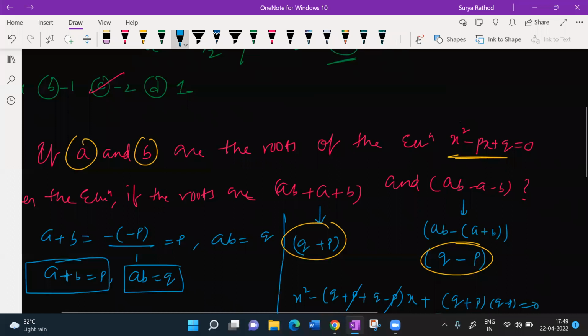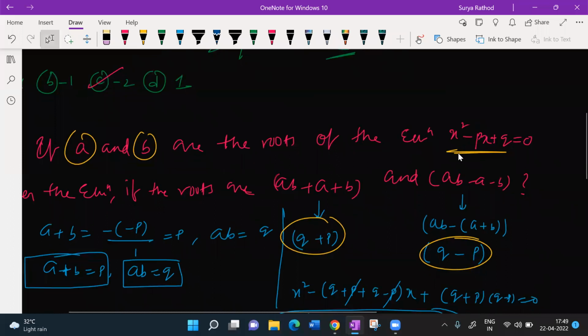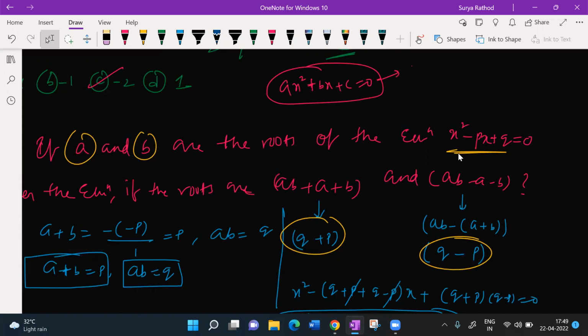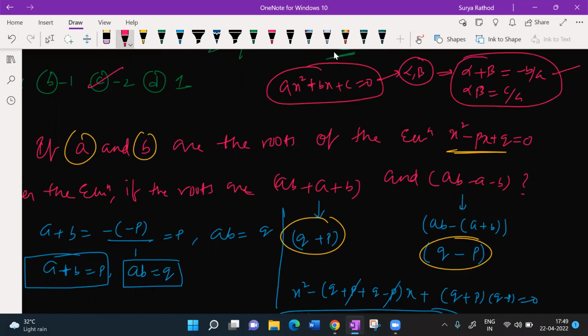Whenever you have a quadratic equation ax square plus bx plus c is equal to 0, if alpha and beta are the roots of this quadratic equation, the sum of the roots is minus b by a. You know this, right? So the product of the roots is c by a.